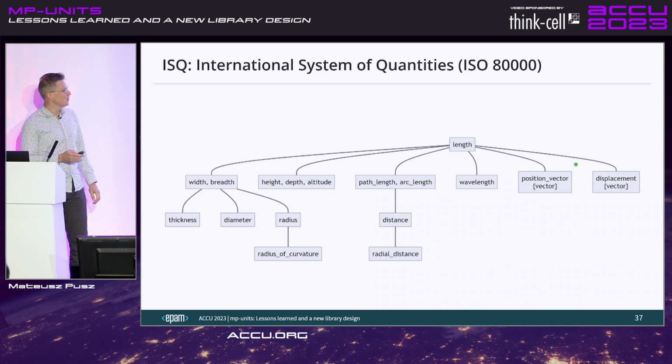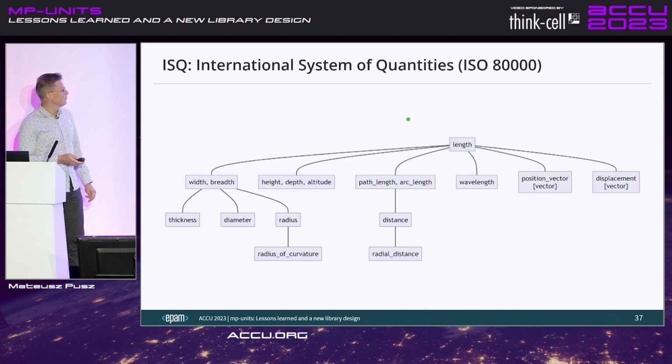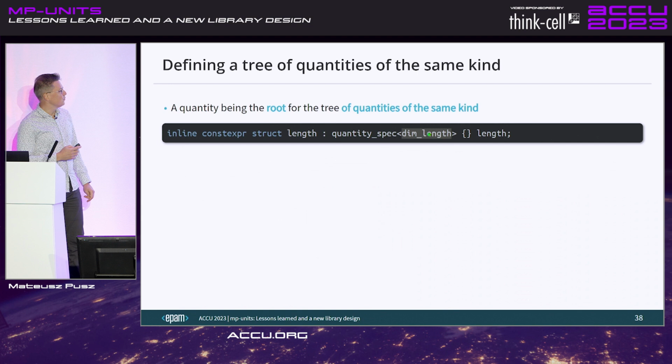This is the tree that is specified in ISO 80000. We have length, width, thickness, a hierarchy of types. We have height and width being distinct branches in this tree, and so on. In order to define those, I'm using quantity spec. To start the tree, like this length, I say this is the quantity of dimension length.